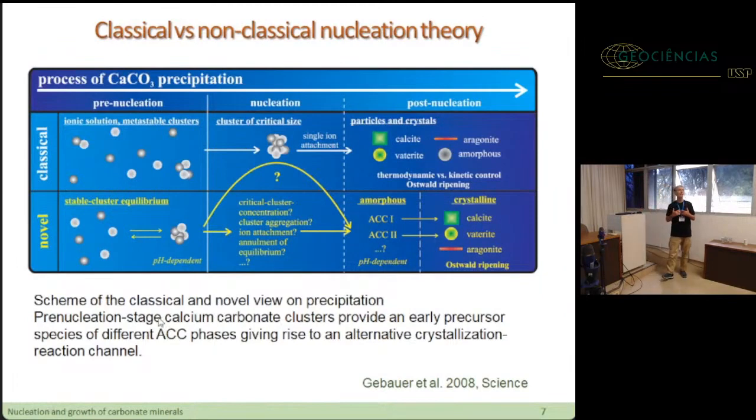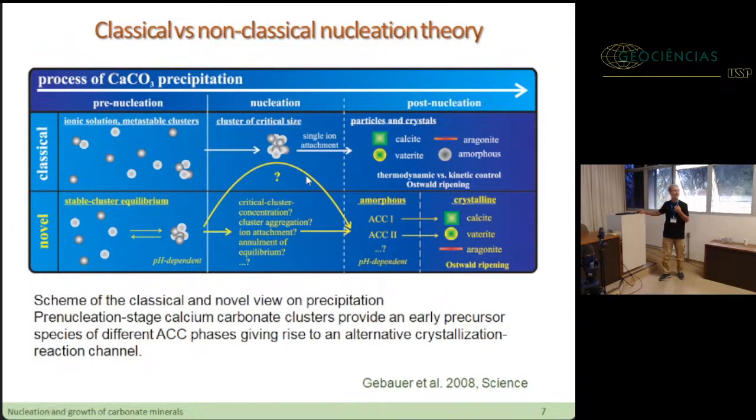On the other hand, we have the novel non-classical nucleation theory, in which during pre-nucleation and nucleation we do not have ions, but particles and clusters. So you already have nuclei of molecules that can aggregate in clusters and eventually transform into two different amorphous calcium carbonates, and then finally into these stable phases.